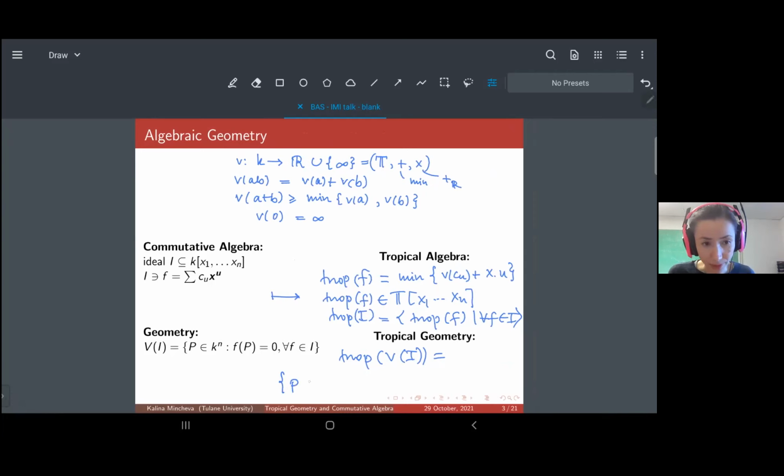It means that for every element, if I add the element to itself, I'm going to get the element back, because addition is really minimum here. And there is no negative sign. So this is why it's a semifield, not a field. So I cannot invert the addition operation, which is minimum. And this brings a lot of problems.